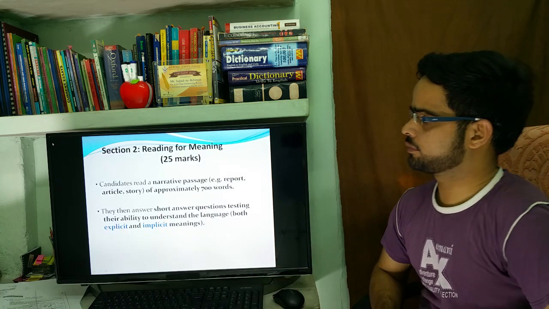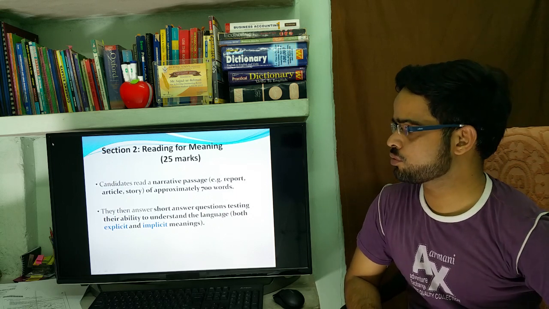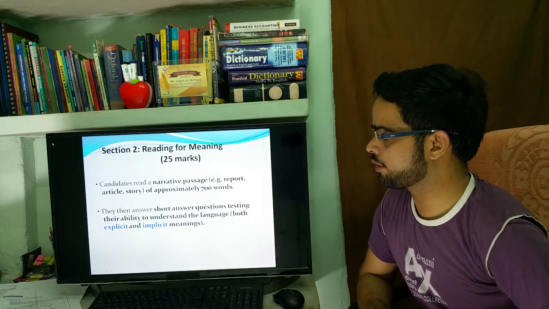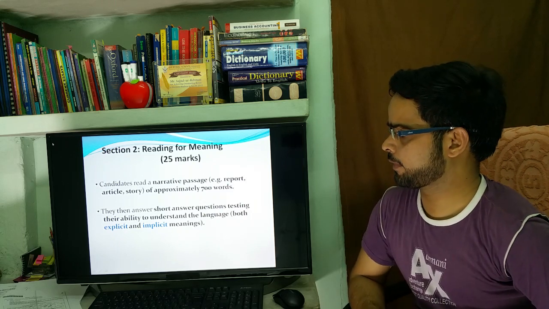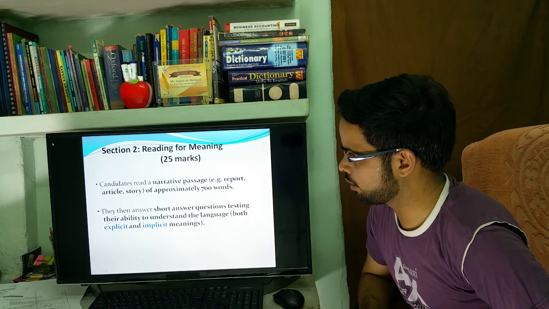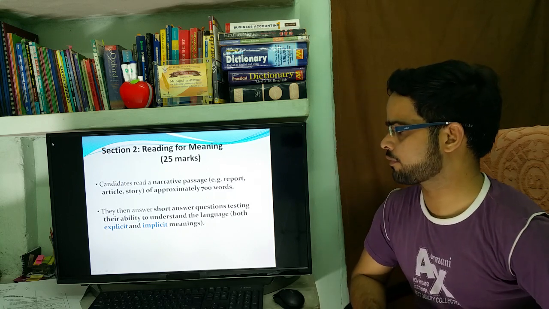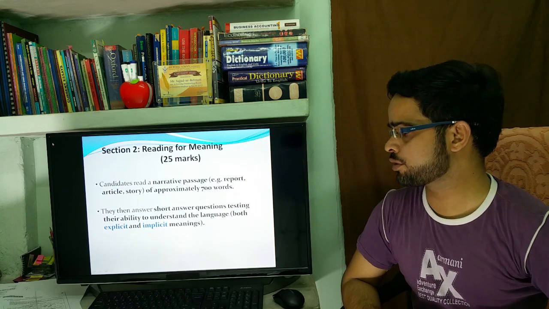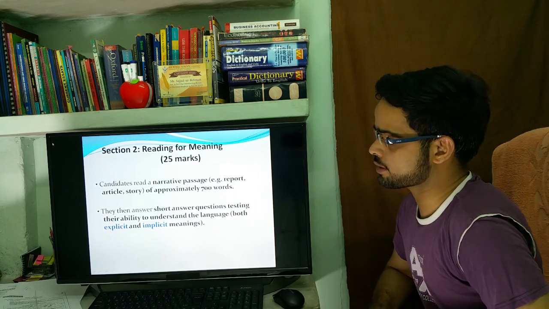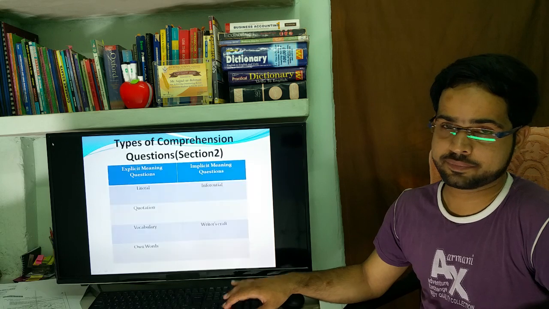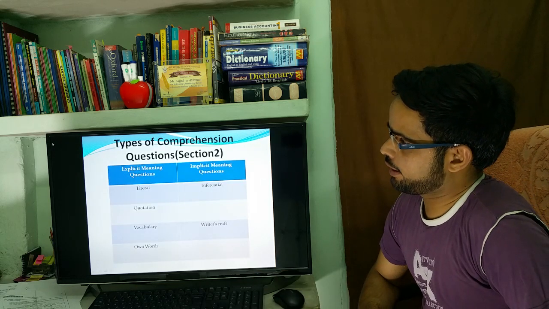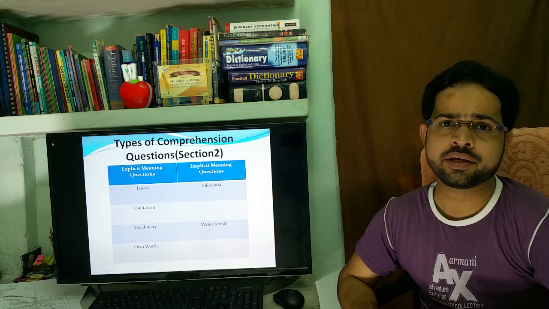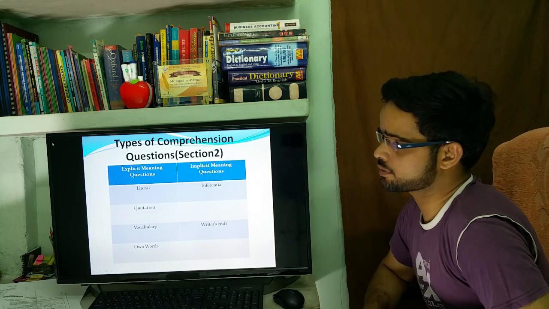Reading for meaning. Reading for meaning is section 2 and it has 25 marks. Candidates read a narrative passage, for example, a report, article, or story of approximately 700 words. They then answer short answer questions, testing their ability to understand the language, both explicit and implicit meanings. Explicit questions are easy to attempt and implicit questions are difficult.